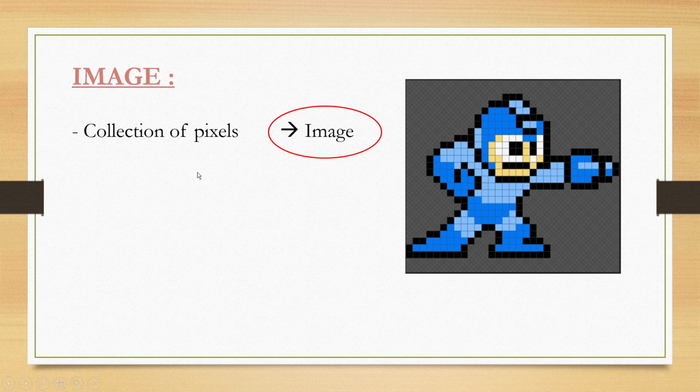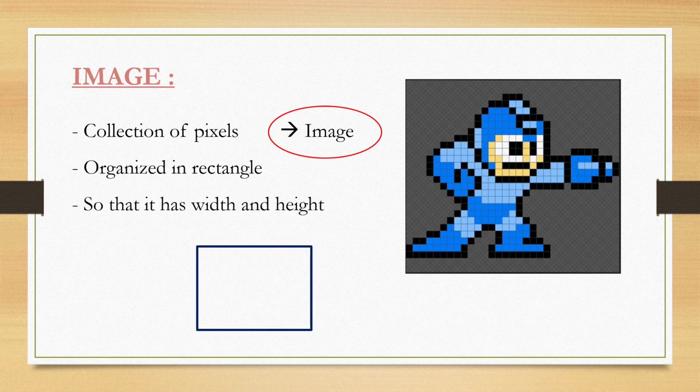This is how the image is formed, and the pixels are organized in a rectangle so that it has width and height.